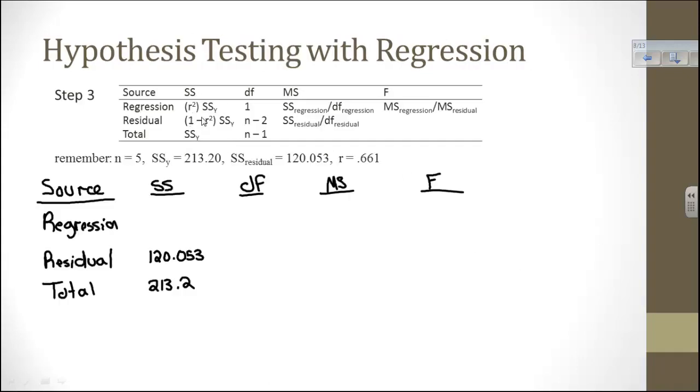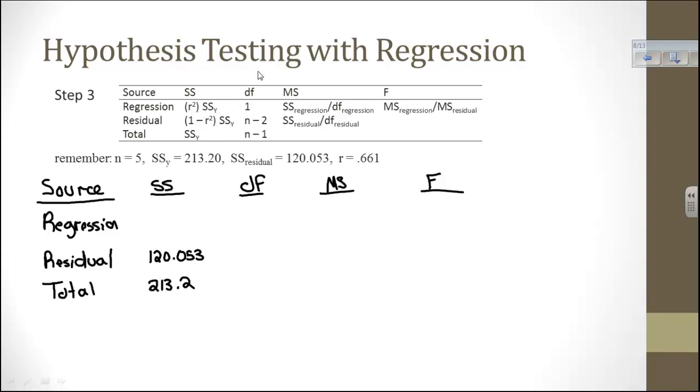So here we're looking for the proportion of variability not explained by the regression equation. Here we're looking for the proportion of variability that is explained by the regression equation. So it makes sense that this plus this gives you this, the total. Because remember, if you add these two together, you're going to get 1. So if you add these two together, you're going to end up with whatever SSY is equal to.